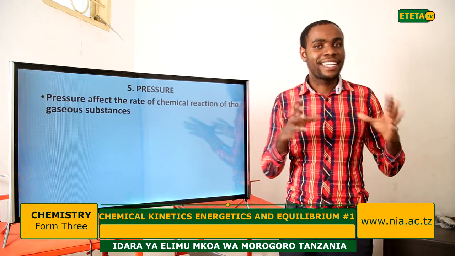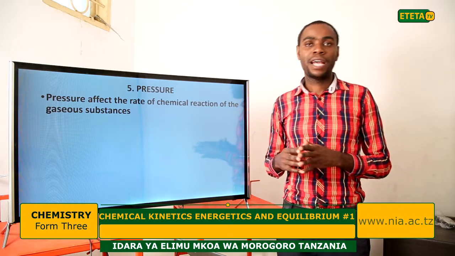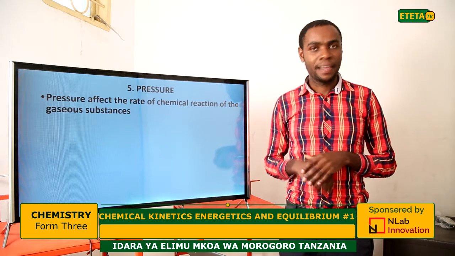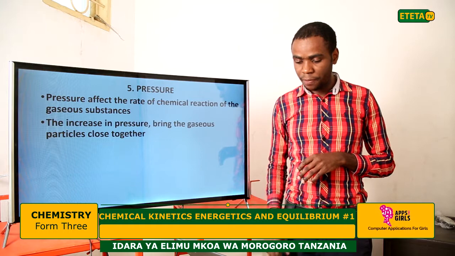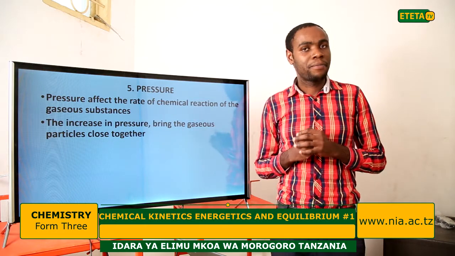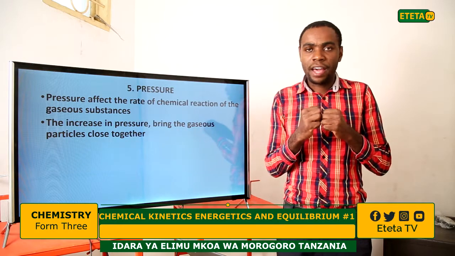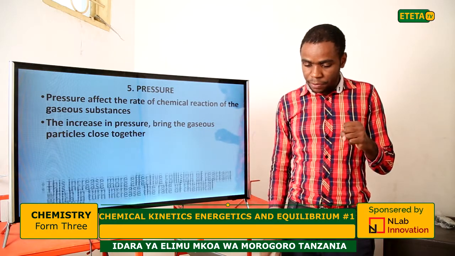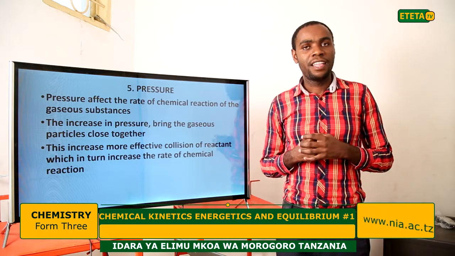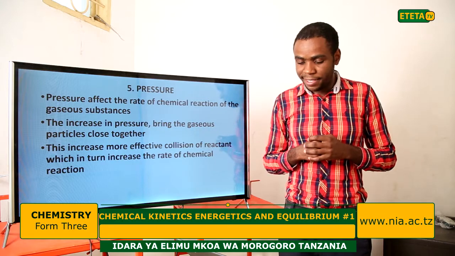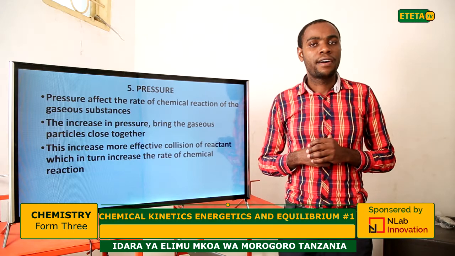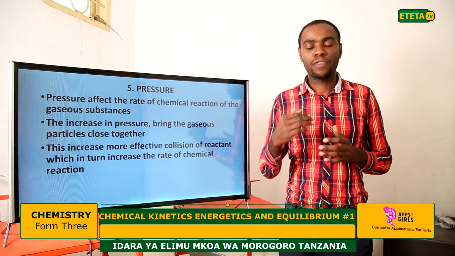I mean, once the gases react to form products, the pressure can affect the rate of chemical reaction of these gaseous particles. Now, the increase in pressure brings the gaseous particles close together. If they come together, this increases effective collision. The collision frequency will increase, and in turn, increase the rate of chemical reaction.